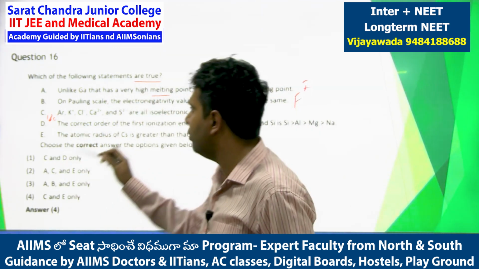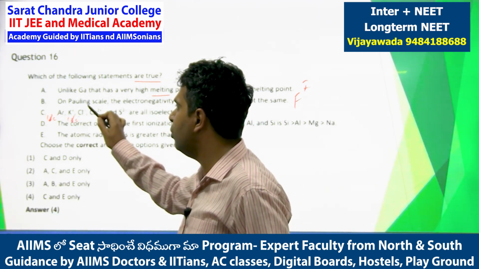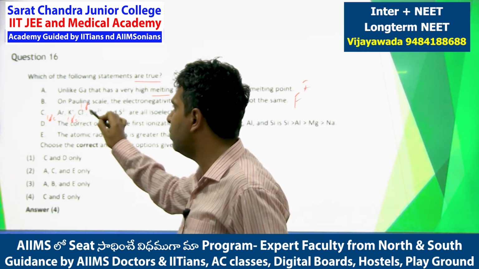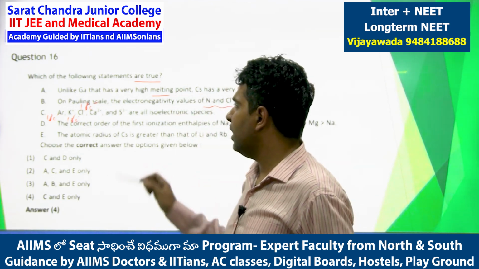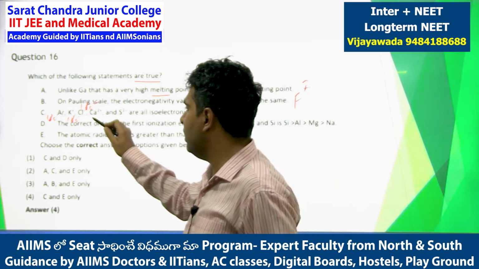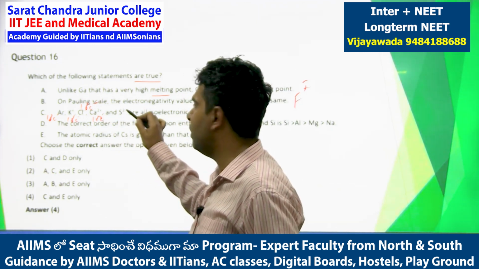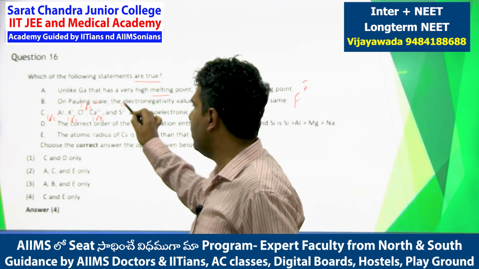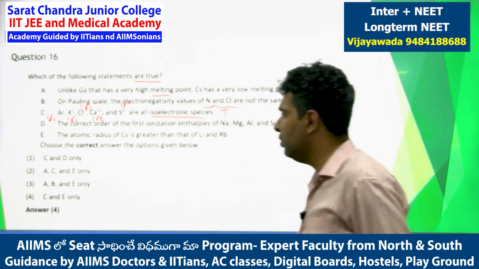Potassium 19, so potassium ion 19 minus 1, 18 electrons. Chlorine atomic number 17, chloride ion 17 plus 1, 18 electrons. Calcium atomic number 20, so calcium 2 plus, 20 minus 2, 18 electrons. Sulfur atomic number 16, sulfide 16 plus 2, 18 electrons. So these are all isoelectronic. So this statement is true. So C is true.